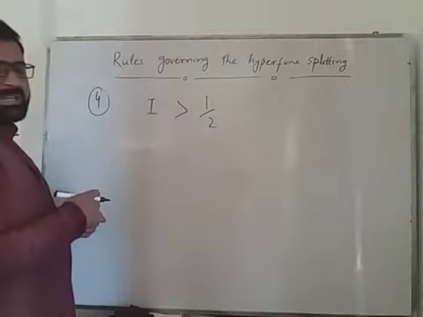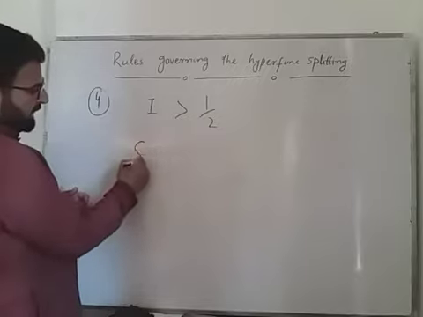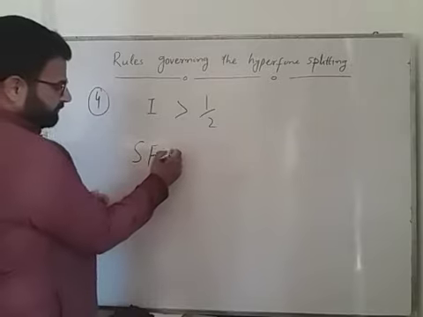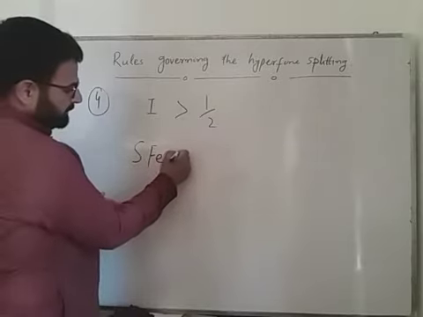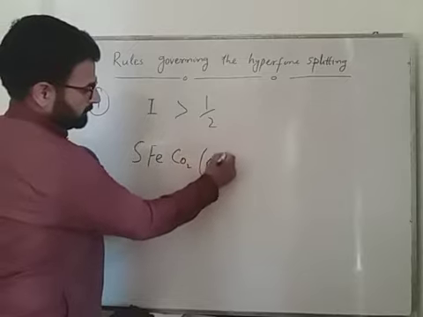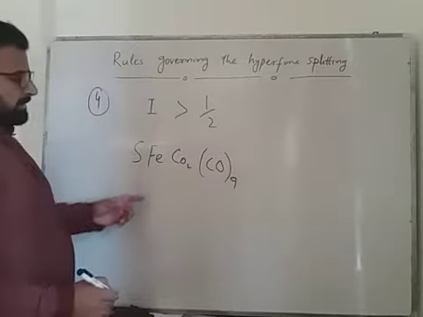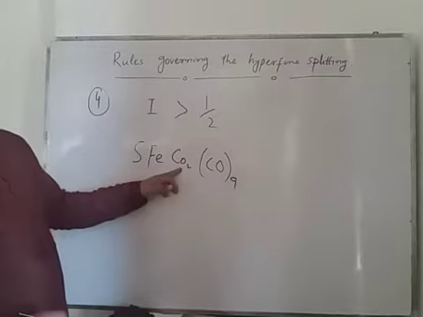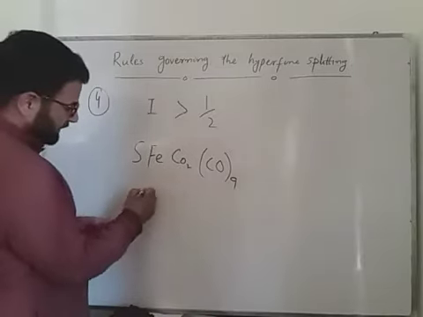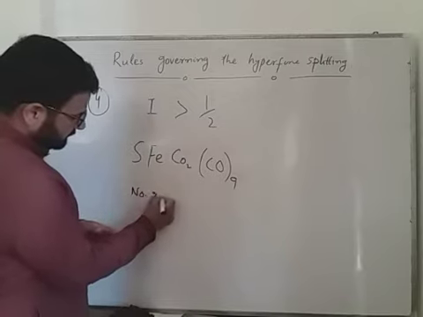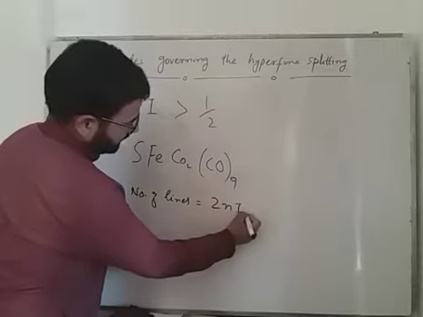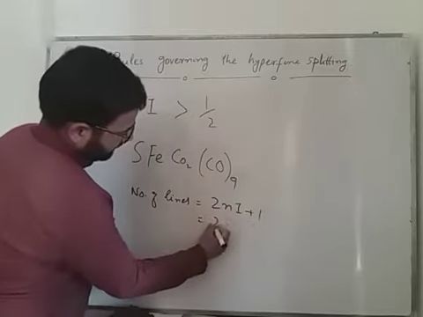Similarly, you can have some other systems, like for example we have this kind of organometallic complex, Fe, cobalt, nonacarbonyl. In this case, here we have two cobalt nuclei. Okay, so the number of lines will be given simply by 2nI plus 1, and that will be equal to 2 into n.